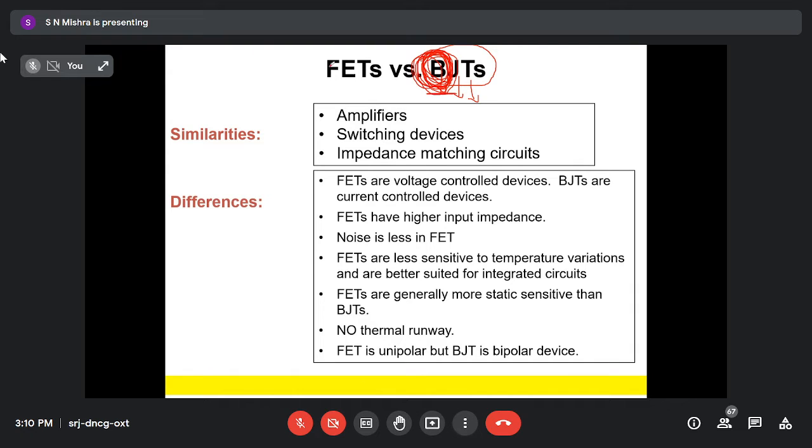Okay, so that type of device is called a unipolar device, and one such device is called a field effect transistor.